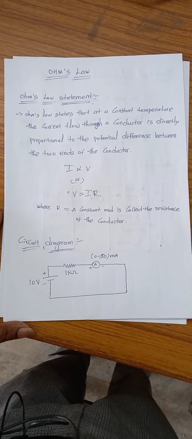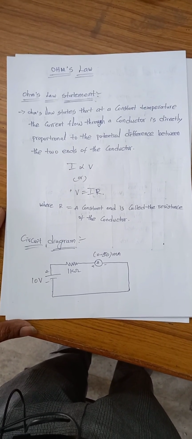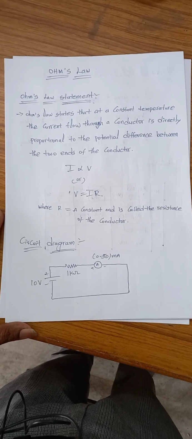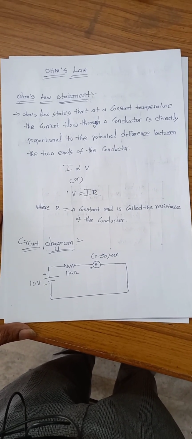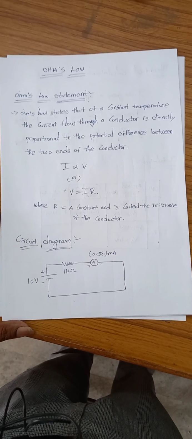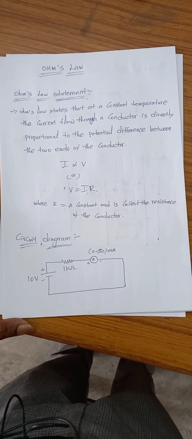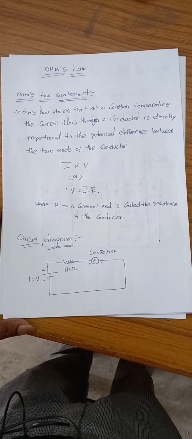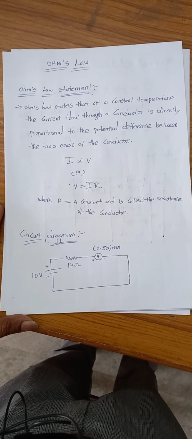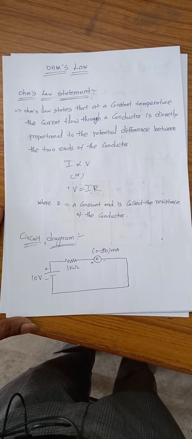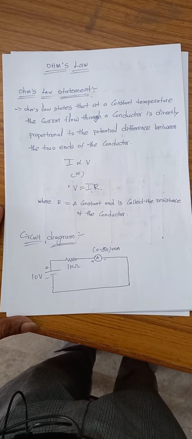Because, remember, it's a small observation: if temperature increases, there is a collision process in the conducting material. Due to that collision process, there is friction between the atoms. Because of that, the resistivity will increase in a conducting material. Due to that, the flow of current will decrease in a conducting material, especially in electrical systems.